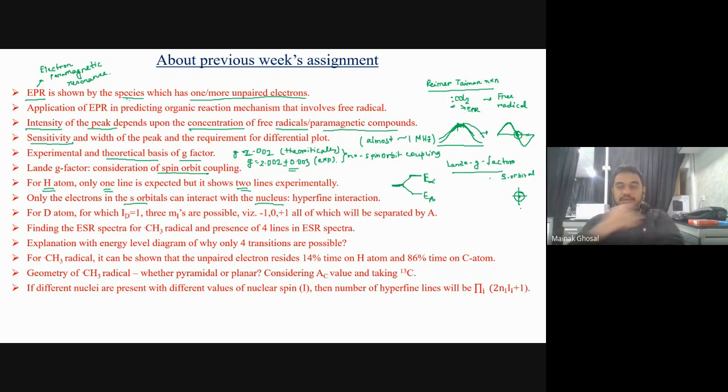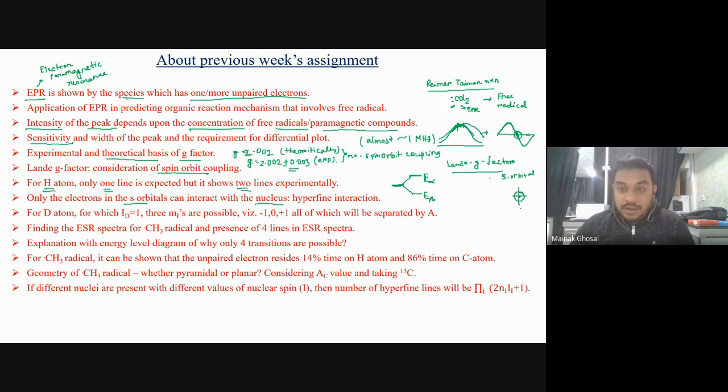If you take a p or d orbital, there will be a node around the nucleus, but only the s orbital has a significant non-zero value of the wave function near the nucleus. So s orbital electrons interact with the nucleus, and that gives you hyperfine interaction.